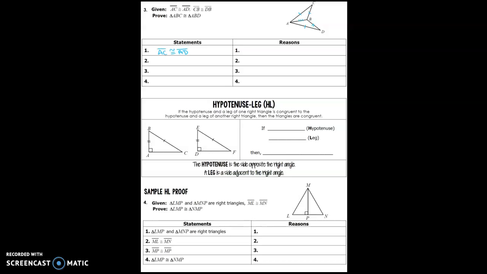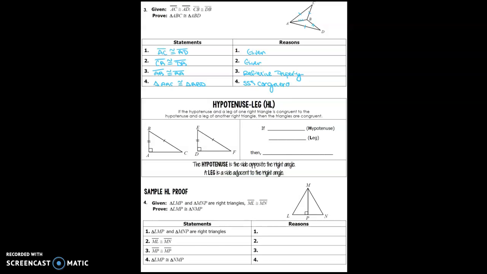AC is congruent to AD, given. CB is congruent to DB, again given. And then AB is congruent to BA, because the last side that we need is just that side in the middle. Since AB is congruent to BA by the reflexive property, the two triangles are congruent because of side, side, side congruence.